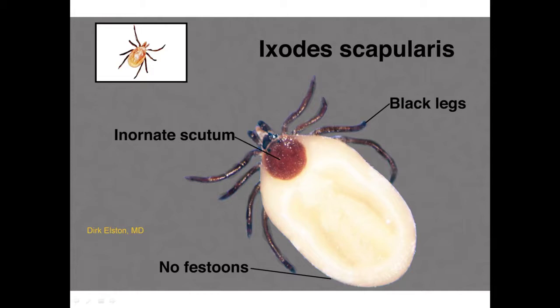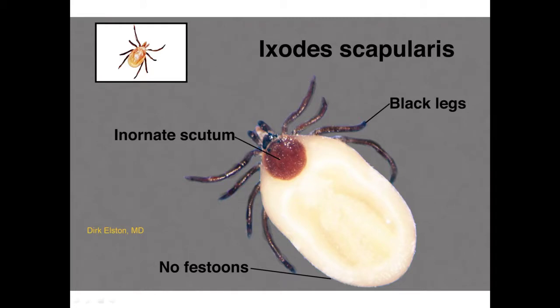Probably the biggest lookalike are the Rhipicephalus brown dog ticks that carry spotted fever and Ehrlichia and Rocky Mountain, other spotted fevers like the rickettsial fevers in Europe, but also Rocky Mountain spotted fever versus this, which is Lyme and anaplasmosis and Babesia.